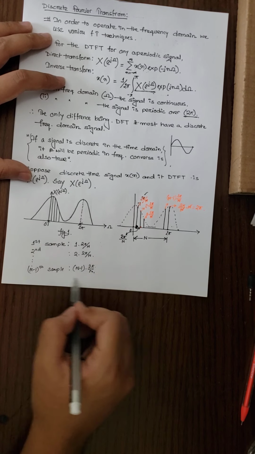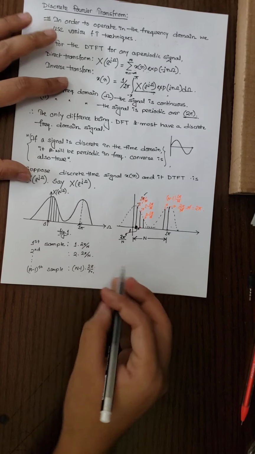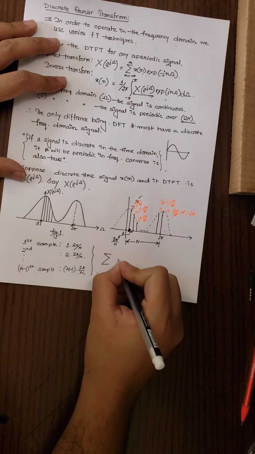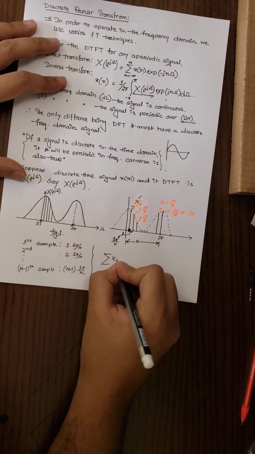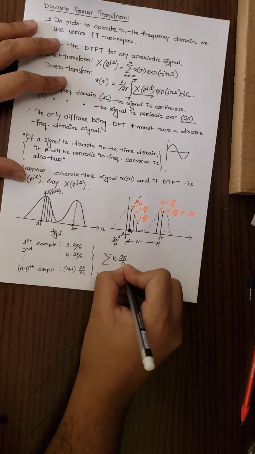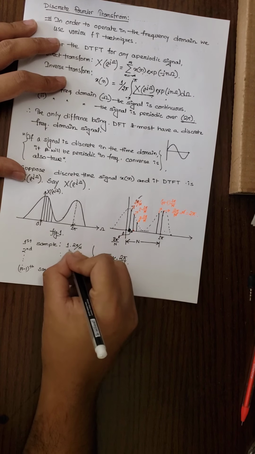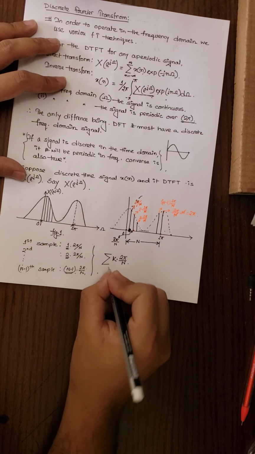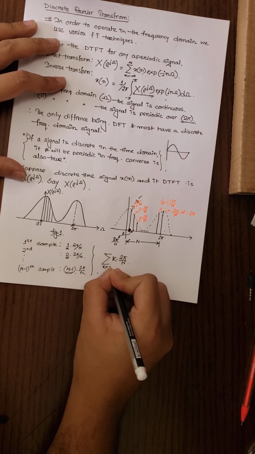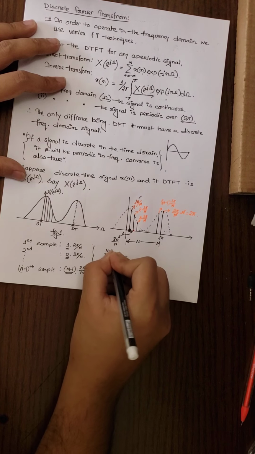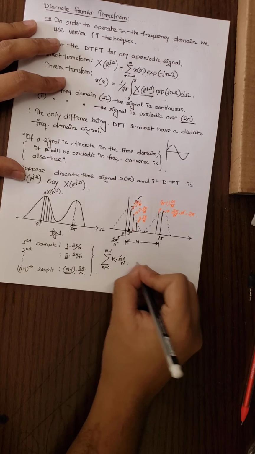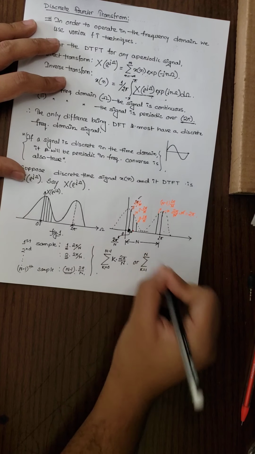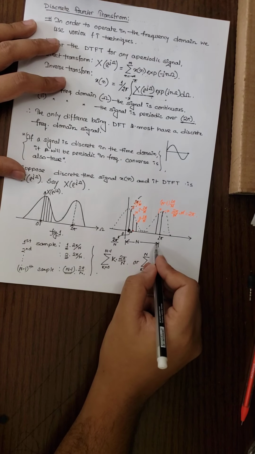Now these samples can be written as a running sum of k times twice pi over n, where k is nothing but the integer value of each of the sample numbers. So obviously k will go from 0 to n minus 1, or it may go from k equal to 1 to n, because the total number of samples is n.